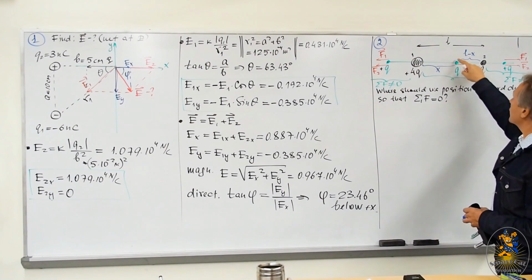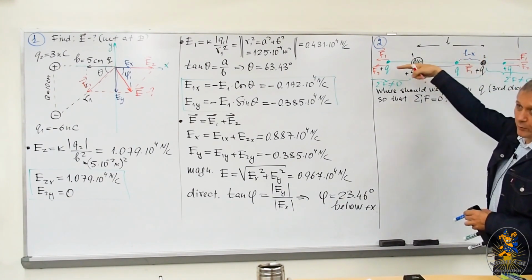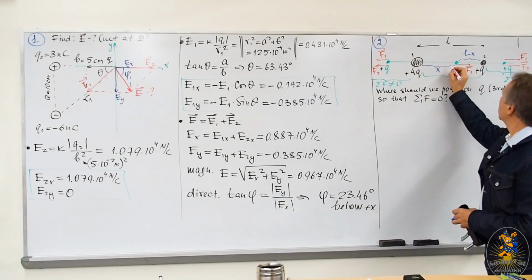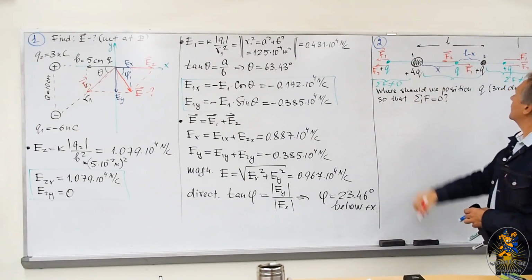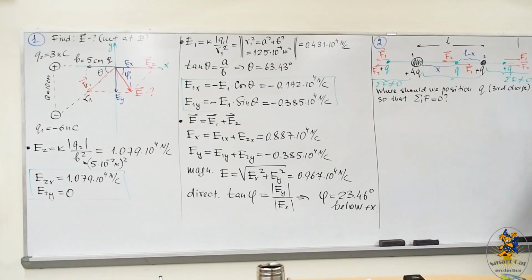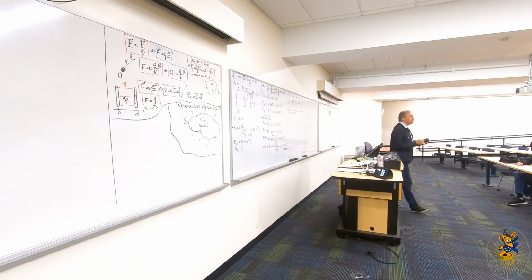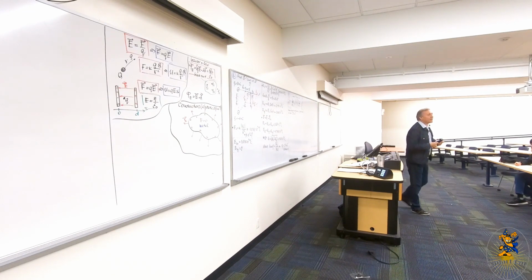This charge also is going to repel that charge, but of course in the opposite direction. F2, right? So opposite directions, cancellations are possible. We're placing the charge Q in a position so that the force on the charge Q itself is zero, right?